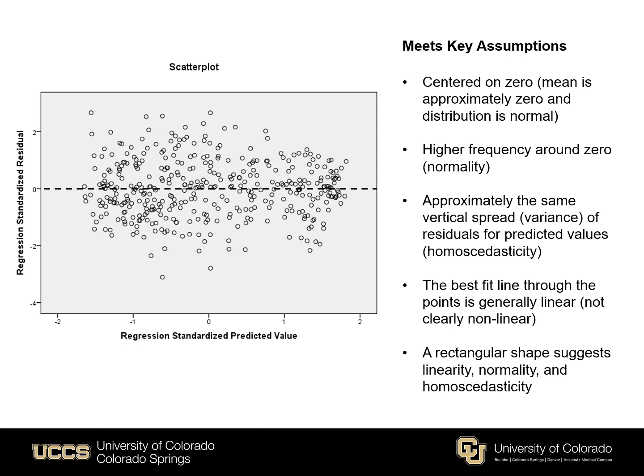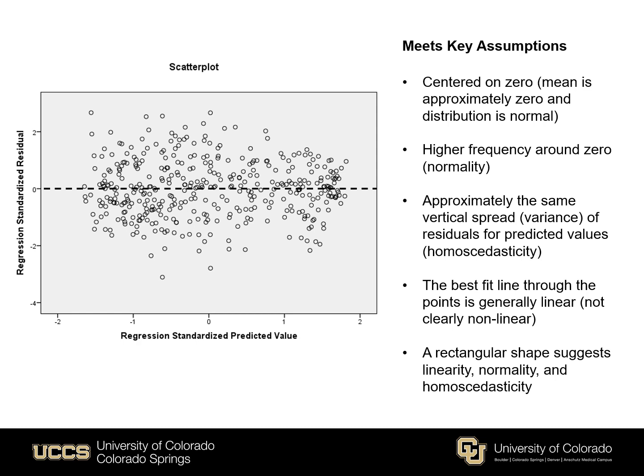The first is that if we look at the horizontal line that goes through 0, we can see that it cuts generally through the middle of the scatter plot so that there is roughly an equal number of points above and below the line. So this indicates that the residuals are centered on 0 and that the mean is approximately 0.